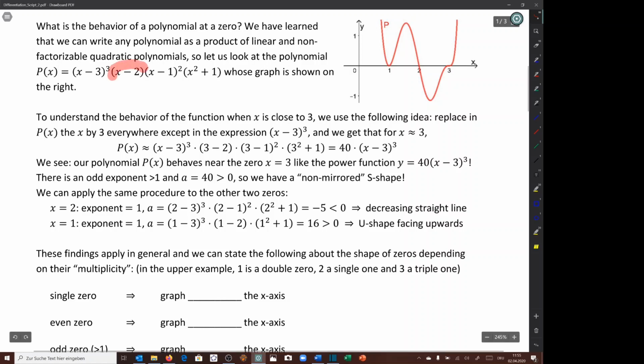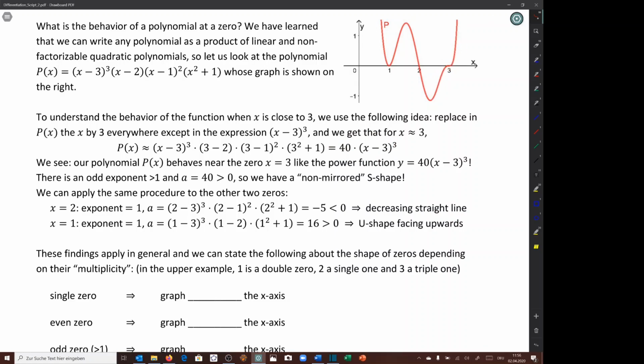We just insert everywhere here for the x a 3. And we get then in the end that the polynomial can be approximated as 40 times (x minus 3) to the power of 3 when we're very close to x equals 3, so here around. Well, we know how this looks like. We looked at that before in chapter 1.2. We know it is this S shape.